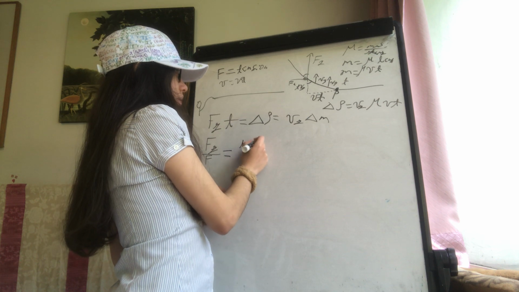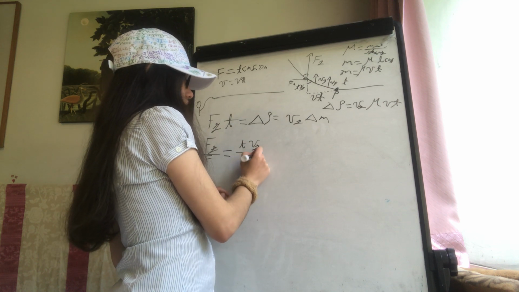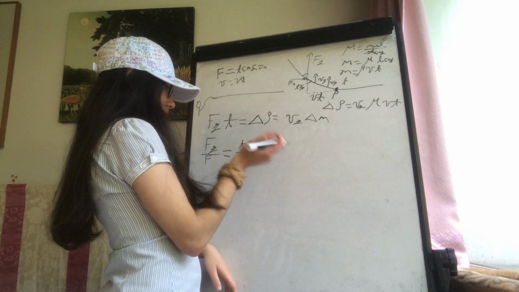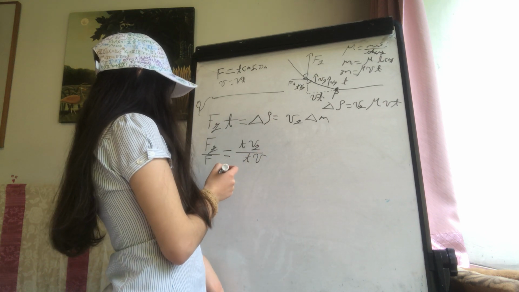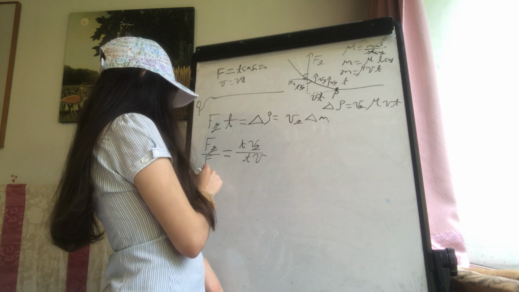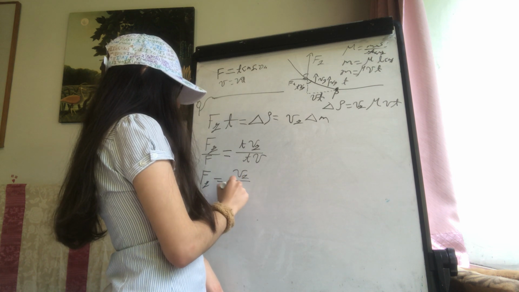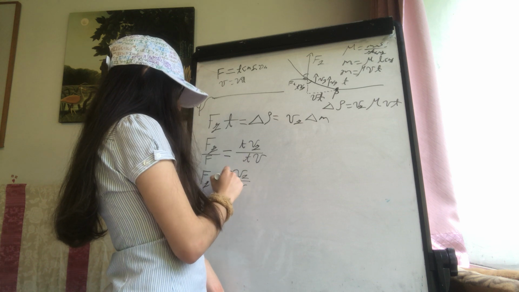So t v sub y divided by t v. So I can cancel the t's, and if I solve for F sub y, I have F sub y equal to v sub y divided by v times F.